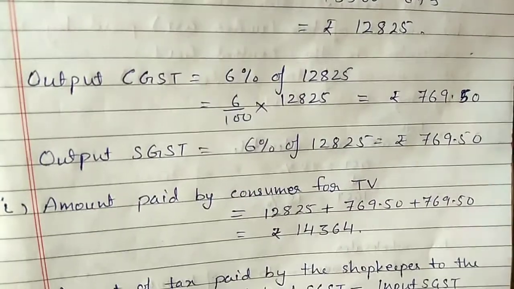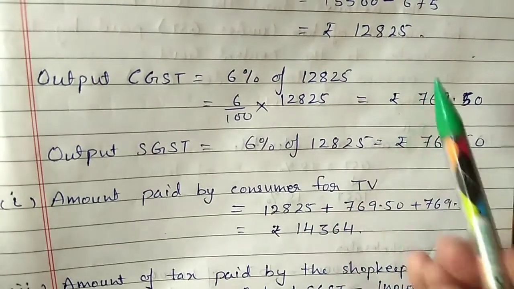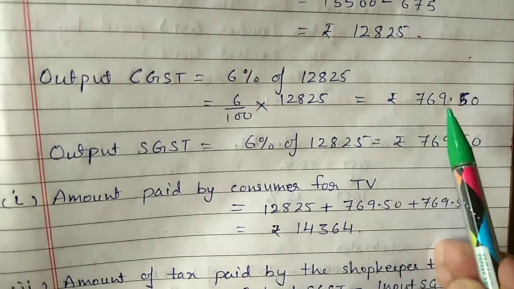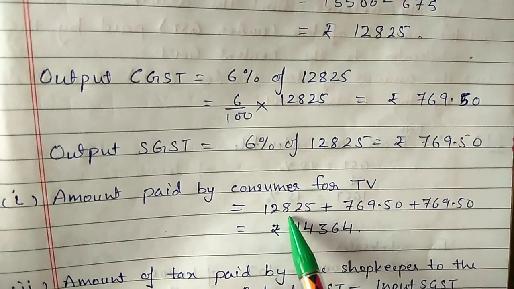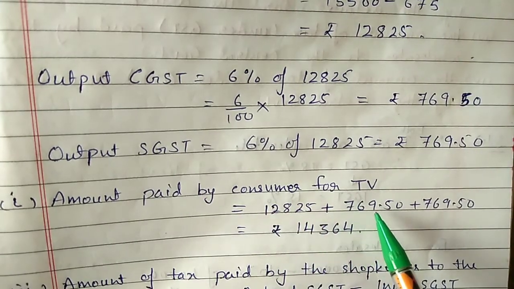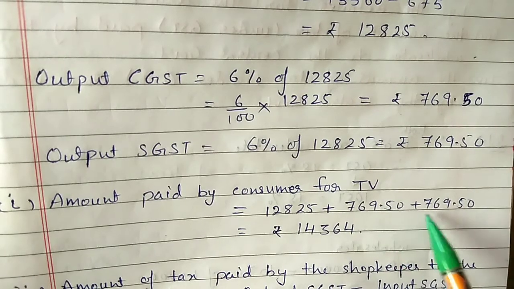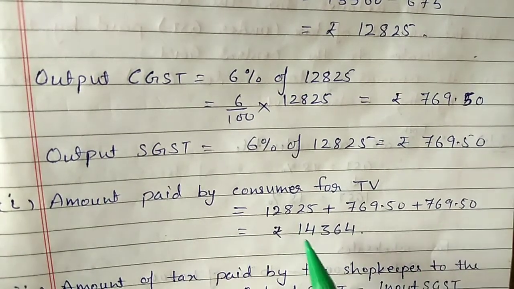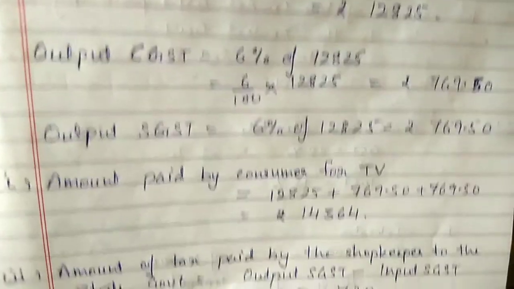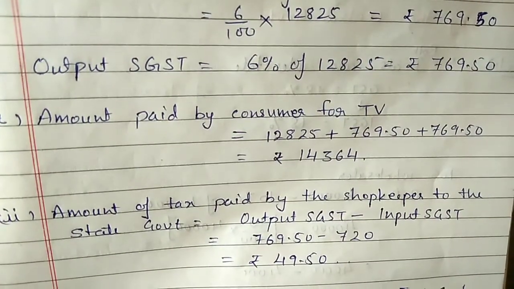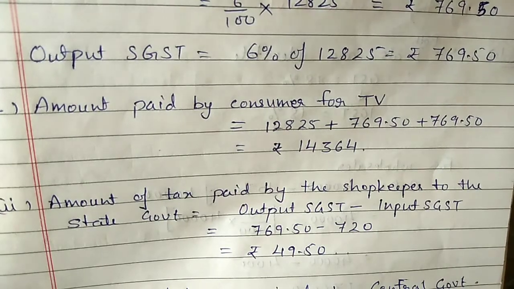So finally the amount paid by the consumer will be the selling price plus CGST plus SGST. So 12,825 plus 769 rupees 50 paise, plus 769 rupees 50 paise, the total will be 14,364 rupees.